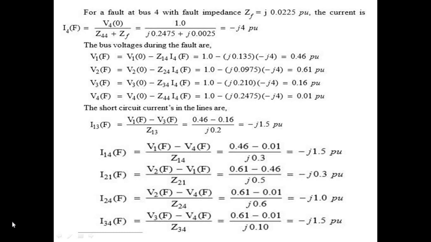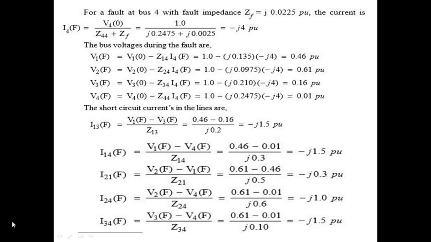The bus voltages during the fault are as follows. First, V1 fault is equal to V1 minus Z14 into I4, which gives a value of 0.46. Then V2 fault is equal to V2 minus Z24 into I4, equal to 1.0 minus j0.0975 into minus j4, which is equal to 0.61 per unit.